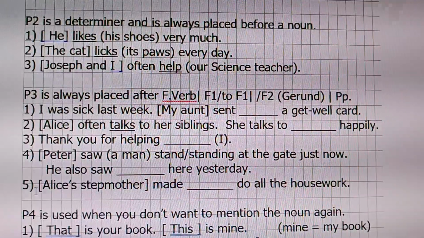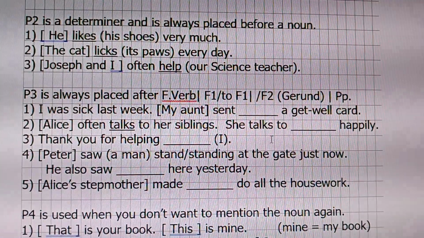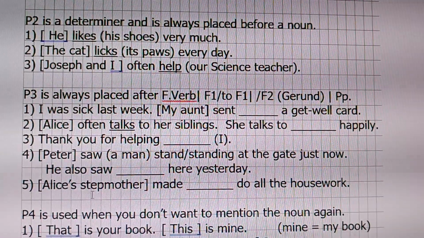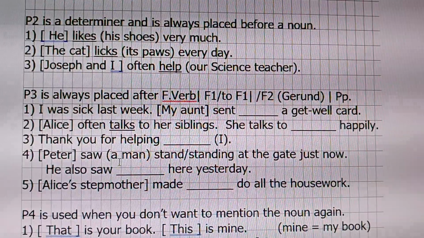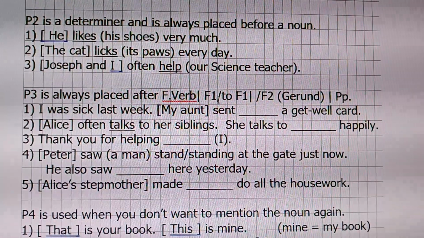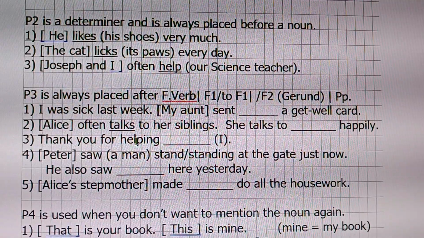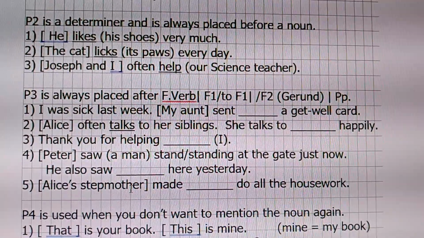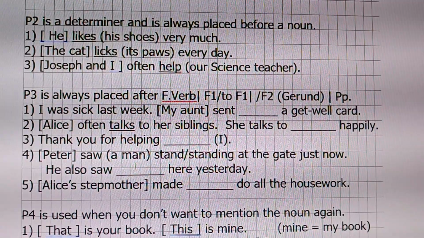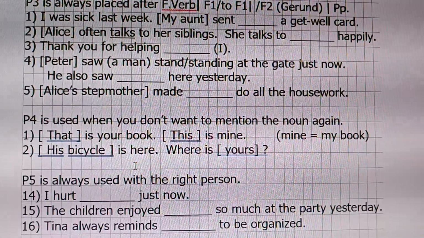I was sick last week. My aunt sent, of course, me a get well card. You can try this on your own. Send is a verb with a preposition. Helping is a gerund, right? Okay. So try the rest.